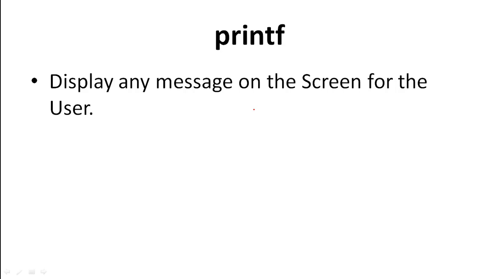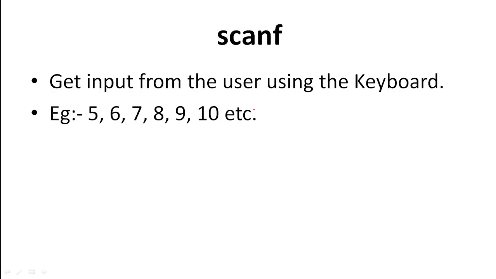Hoping that you all have written the coding in your notebooks, I'm just giving you a line by line explanation of all the statements that are present for your addition of two numbers. The scanf function is used to get an input from the user by means of the keyboard. For example, we are discussing the addition of two numbers using a C program.